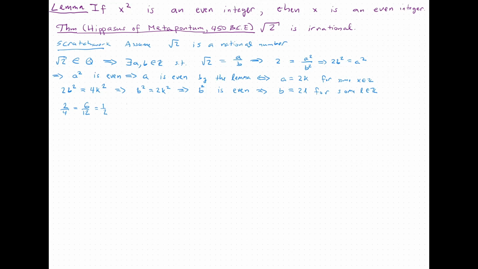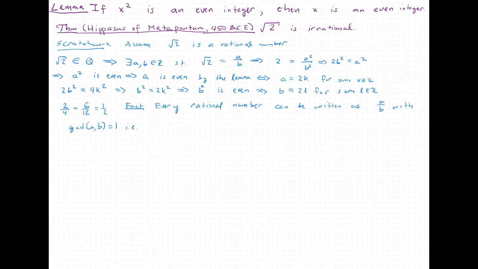So we use the following fact. Every rational number can be written in simplified form, so in other words, a over b with the GCD of a and b being equal to 1.